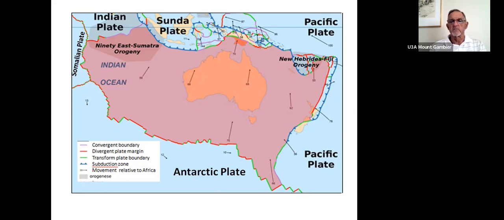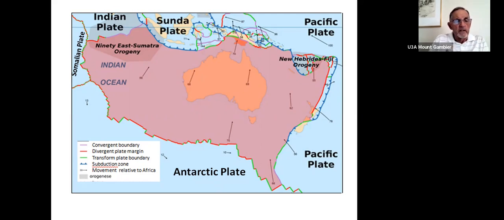Goes into that mess of interaction between the westward Pacific plate and the northward Australian plate as we traverse along that northern boundary. There are zones of active faulting within the Indian Ocean, marked there as the 90 East Sumatran orogeny.